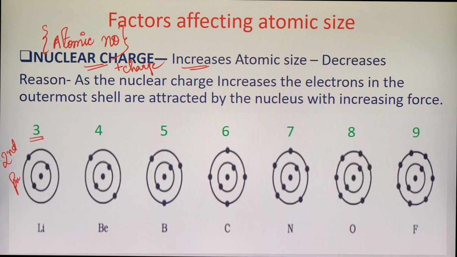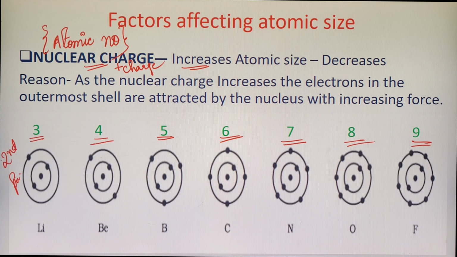Hydrogen is 1, helium is 2. What will be the atomic number of lithium? Lithium is 3. Beryllium will be having atomic number 4. Boron will be having atomic number 5. Carbon will be having atomic number 6, nitrogen will be having atomic number 7, oxygen will be having atomic number 8, fluorine will be having atomic number 9.